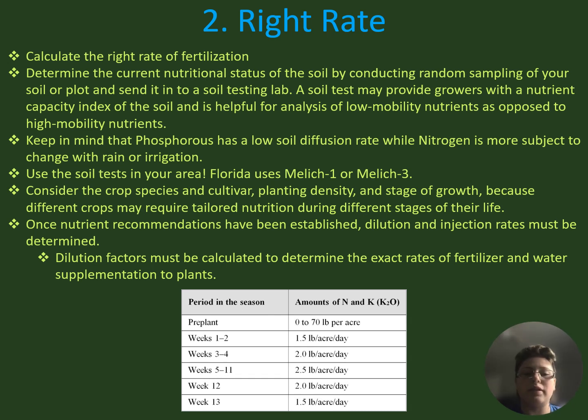Once nutrient recommendations have been established, dilution and injection rates must be determined. Dilution factors must be calculated to determine the exact rates of fertilizer and water supplementation to plants. And in this image, you can see that this person had gone through and made their plan for each week of their crop's life cycle.